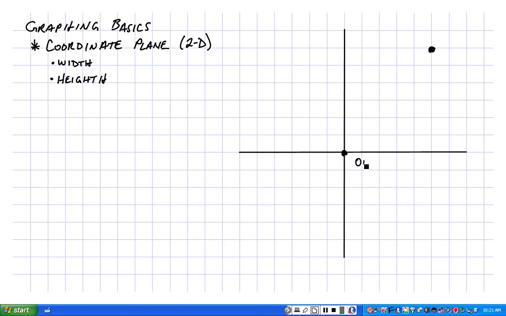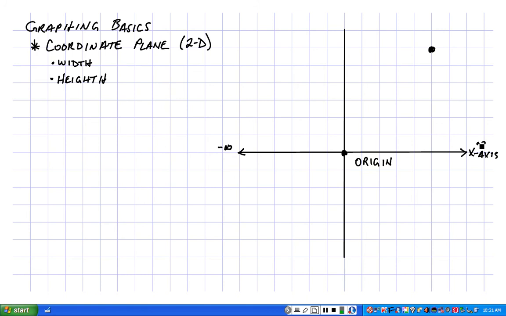Okay, the origin. And the origin is basically where our x-axis, which is this entire horizontal line, which goes on forever. Okay, it goes from negative infinity to positive infinity.